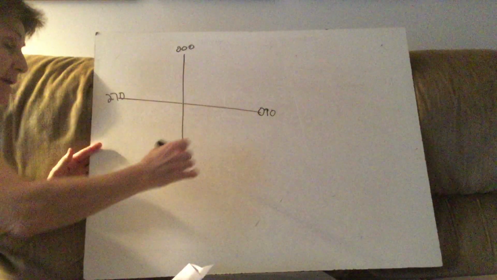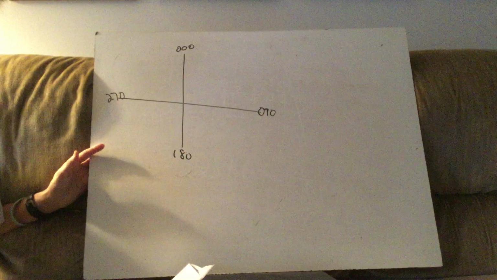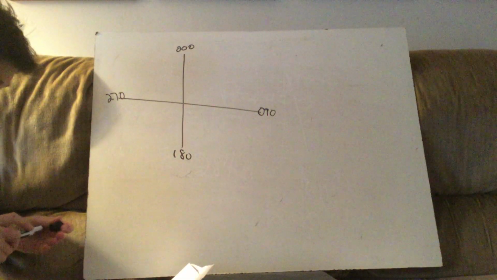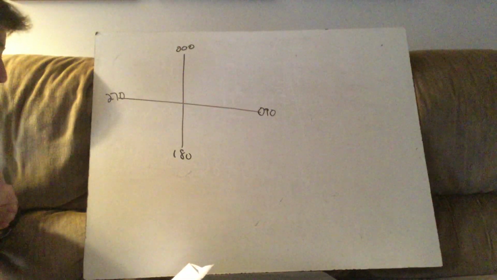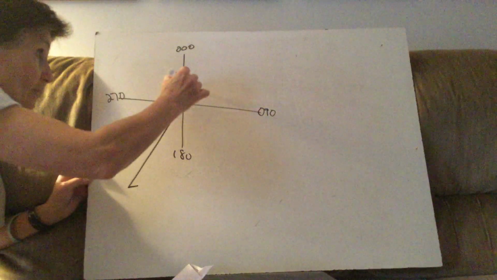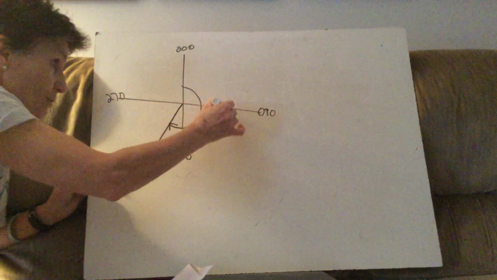So we go this way when we measure navigationally. So when he says he's flying on a course of 200 degrees, that would put him right here. So this big angle is 200 degrees.